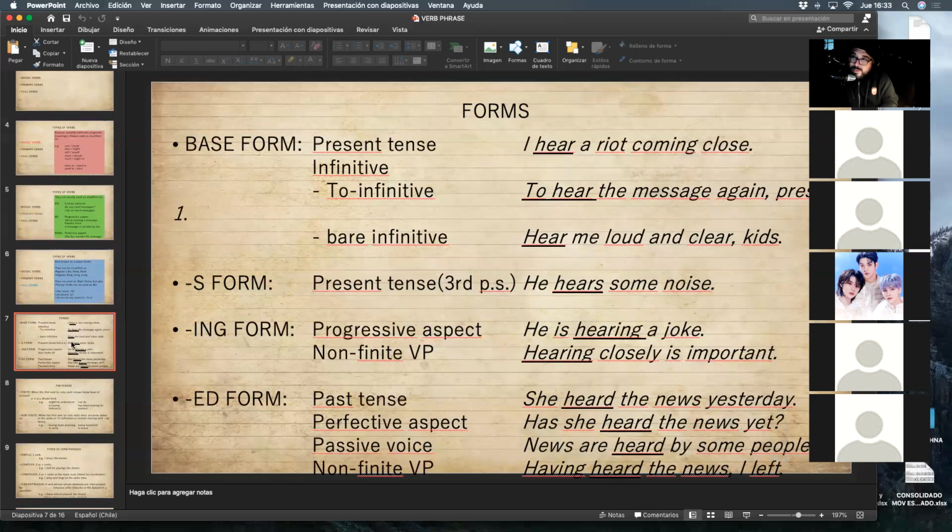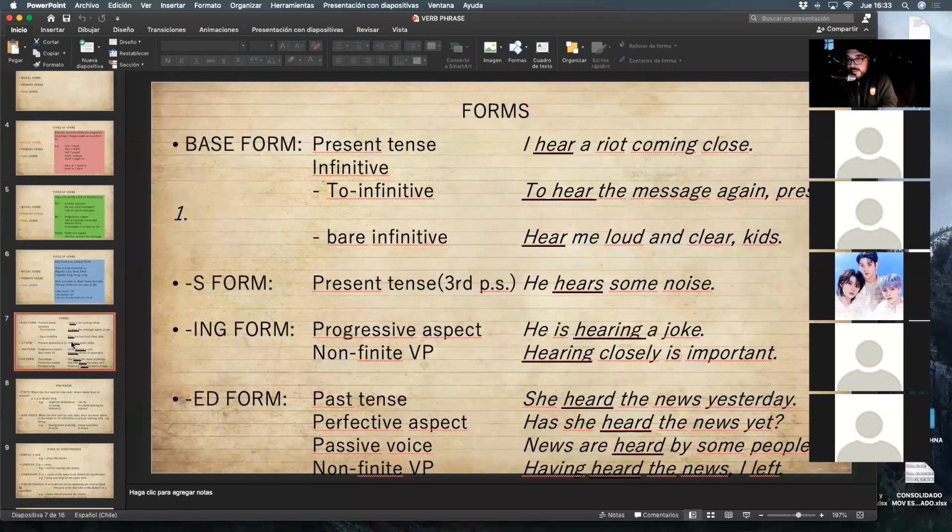Forms. Let's remember that English verbs can be written in four different manners: the base form, number one; the S form, number two; the ing form, number three; and the ed form, number four, right? The base form is used to represent the idea of present tense. So, I hear a riot coming close.